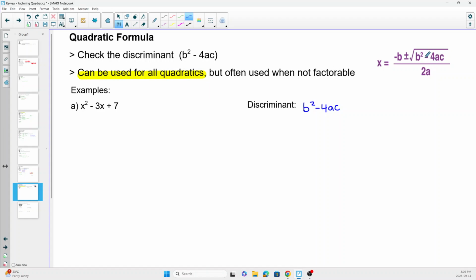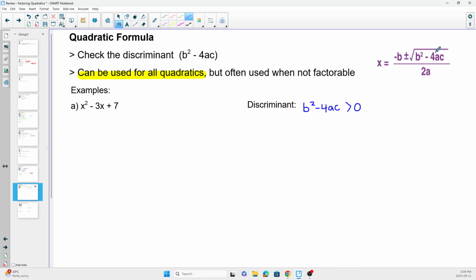And if that is greater than 0, the square root of some number, let's just say 9, so if we take some number and we add 3, or we take that same number and we subtract 3, we're going to get two different answers.